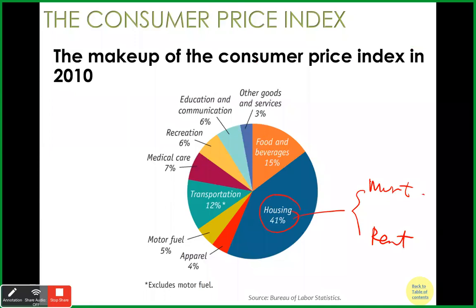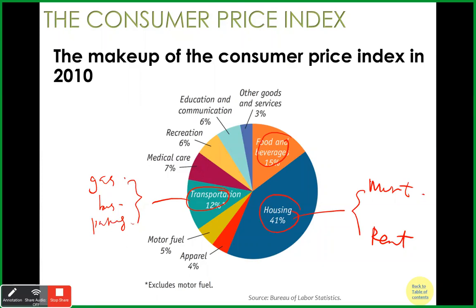And then the next big one is food and beverage. Next big one, transportation. But remember, this transportation can be gas, or bus tickets, depending on where you live, or maybe parking.